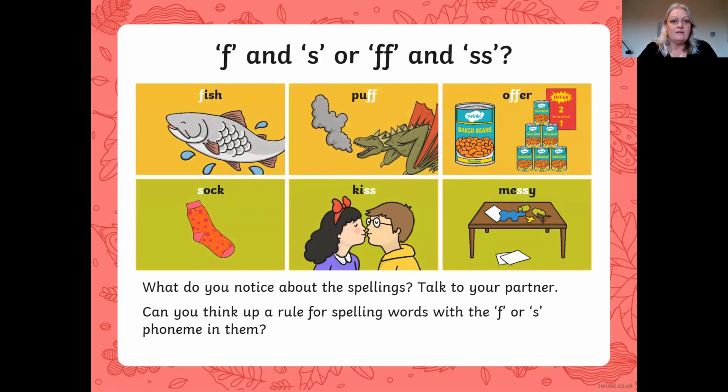Talk to a partner, talk to somebody at home. Can you think of a spelling rule for spelling the words with an f or s phoneme in them? Can you come up with a spelling rule for me? So pause the video, it might take you a while. Look at how these words are spelt and see if you can come up with a spelling rule.